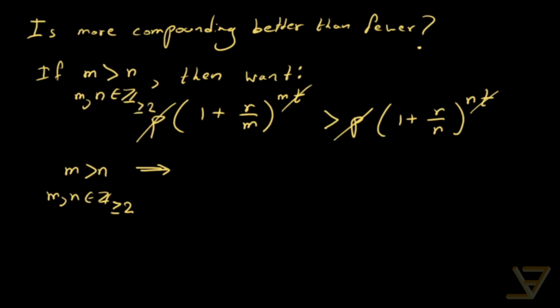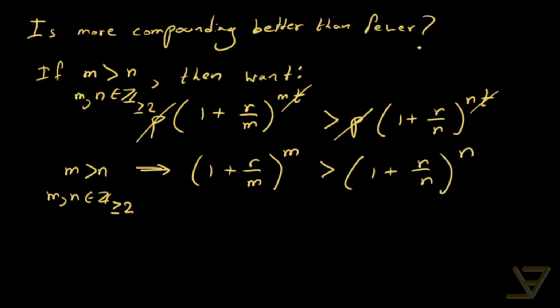we have 1 plus r over m to the power of m is greater than 1 plus r over n to the power of n.